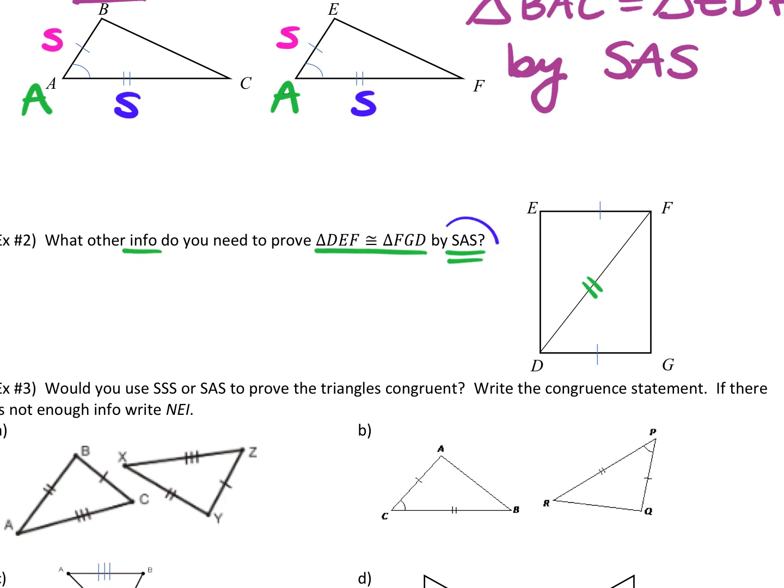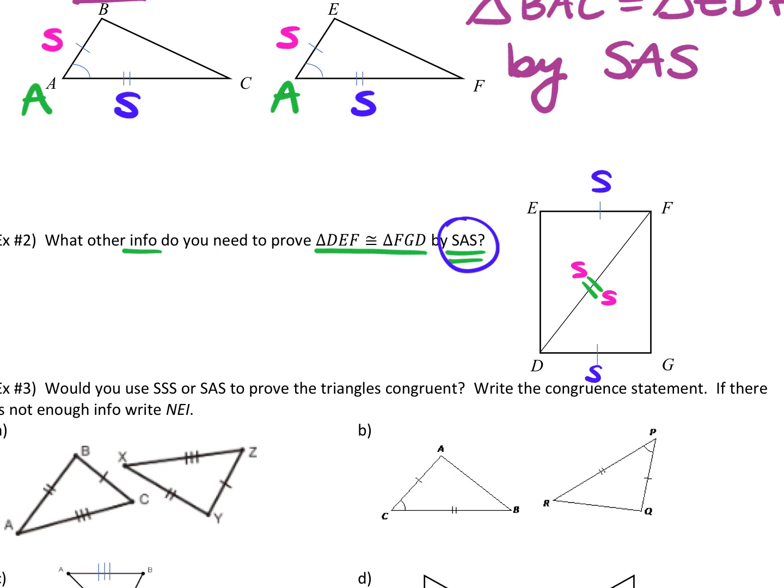This is saying, prove to me by SAS that these are congruent. What other info would we need to be able to say side, angle, side? Is it a side or an angle, first of all? It's an angle, right? Because right now we have side and side with side and side. So we need which angle? The included angle. We need the angle between those two sides.